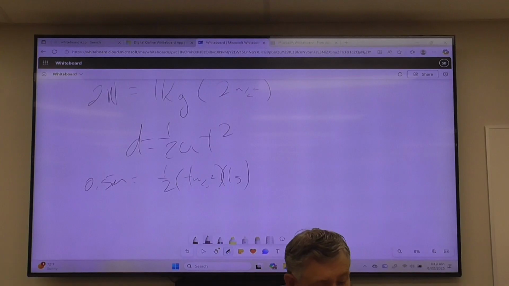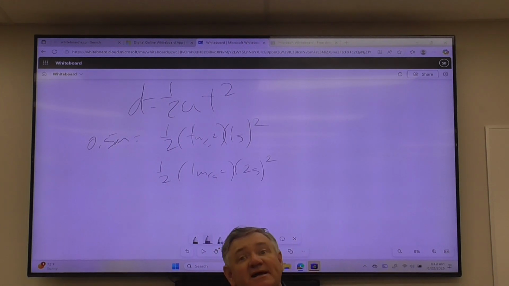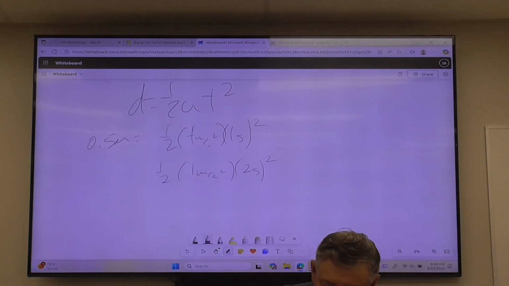Now we're going to double the time, but we're going to keep the same acceleration. And that's squared. So now we're going to have 1/2 times 1 meter per second squared, but now we're going to have 2 seconds. But the seconds is going to get squared, so that becomes 4, and that becomes 2 meters.